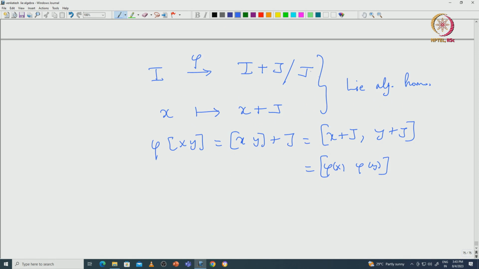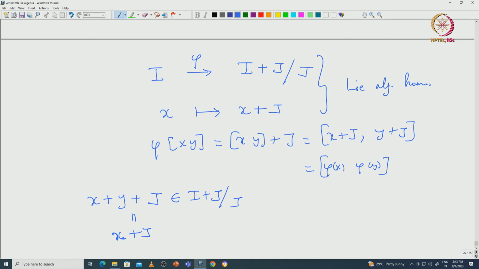Since the elements of I plus J look like x plus y for some x in I and y in J, if you take some typical element inside this I plus J modulo J, then you can see that this is the same as x plus J. Why?